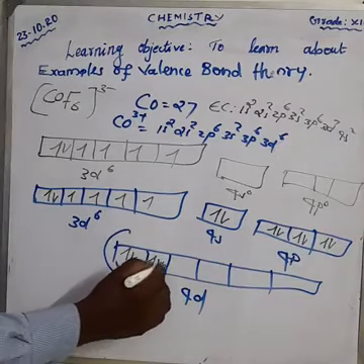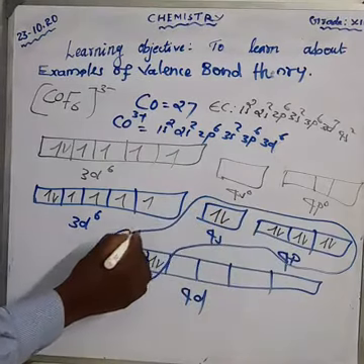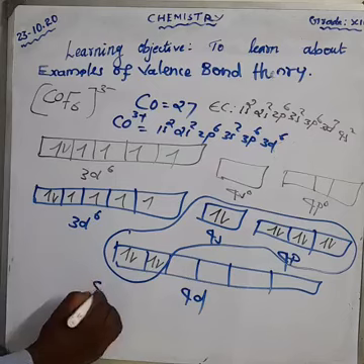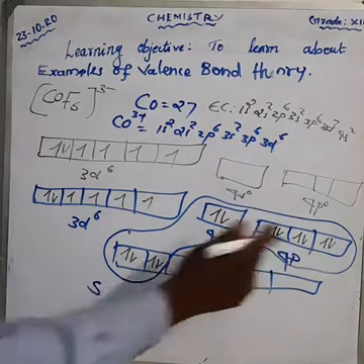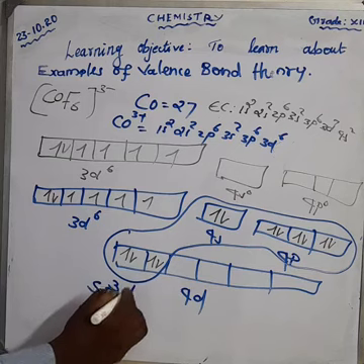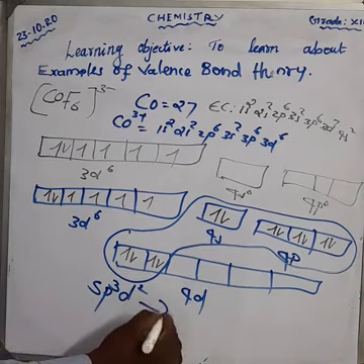One s orbital, 3 p orbitals, and 2 d orbitals: sp3d2 hybridization. What is the geometry? All of you know that one. The geometry is octahedral.